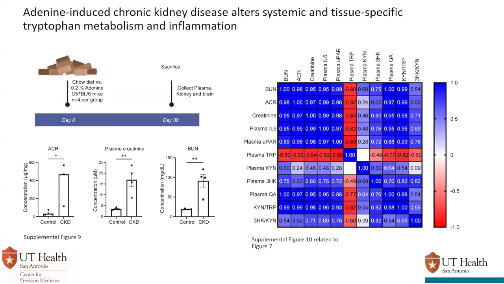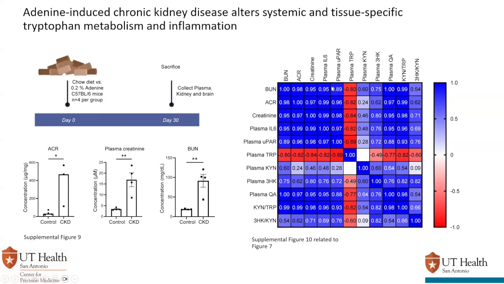Moreover, the brains of these ischemia-induced acute kidney injury mice also exhibited an increase in inflammatory markers. To determine whether these effects were specific only to acute kidney injury or to kidney dysfunction in general, we also tested the same pathway in an adenine-induced chronic kidney disease mouse model. And we found that plasma quinolinic acid was significantly and very highly correlating with markers of kidney dysfunction and markers of inflammation.